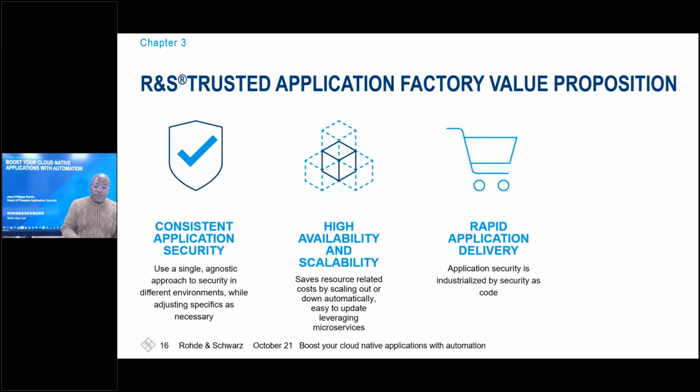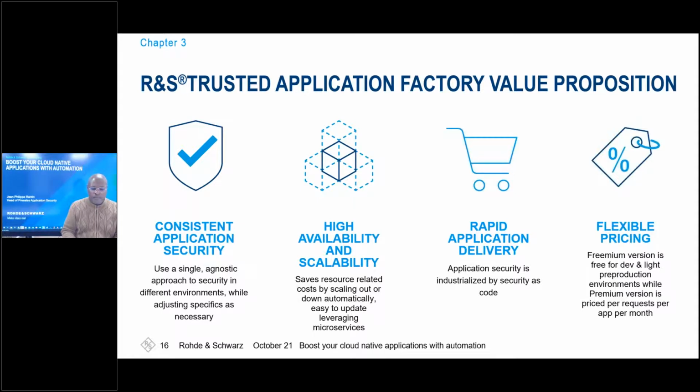The delivery is, as we said, easy. It's a container, so you can pull this container from our registry and include it in your infrastructure as code. So whenever you push something to the cloud, you can also pull our image and build it together with your application, always with the latest image that is available.